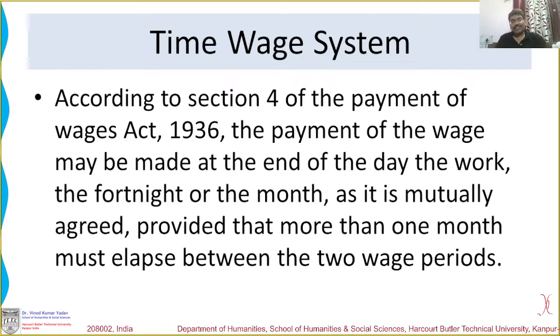Quantity of work is defined in the form of time, whereas it may be a day payment system, a fortnightly payment or monthly payment, but it is not defined, as per the Payment of Wages Act, for more than a month.